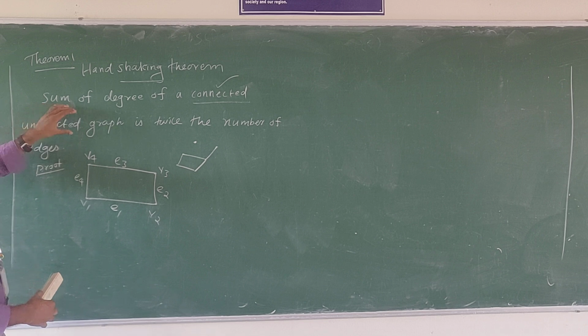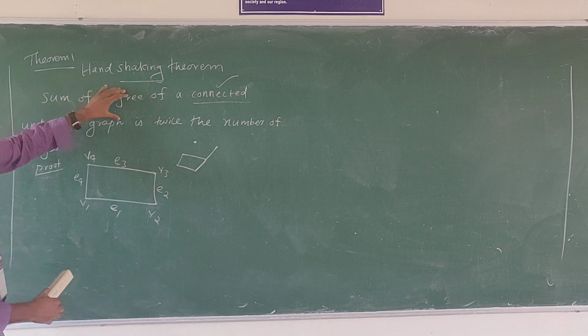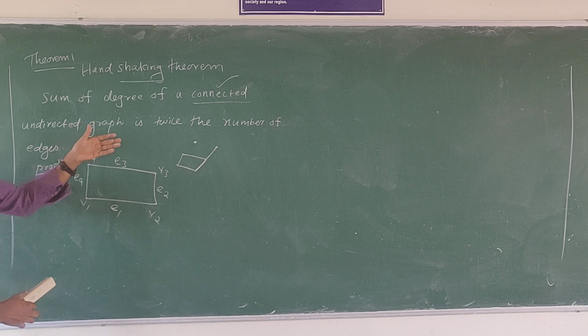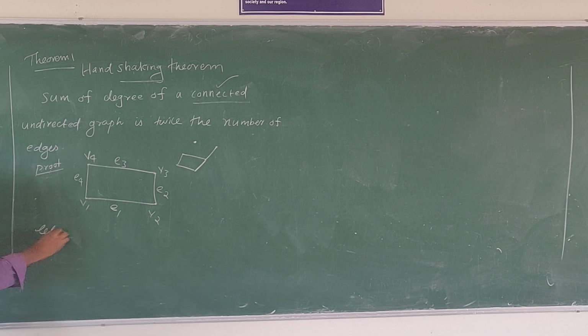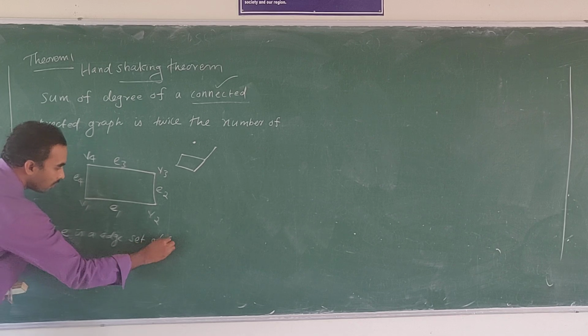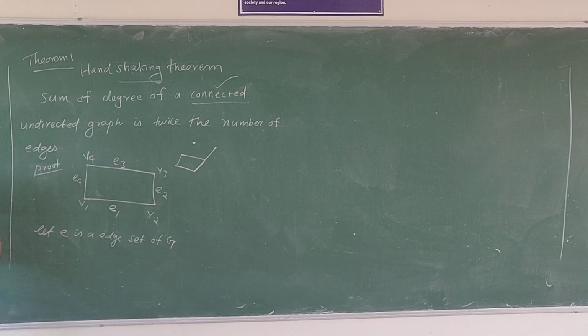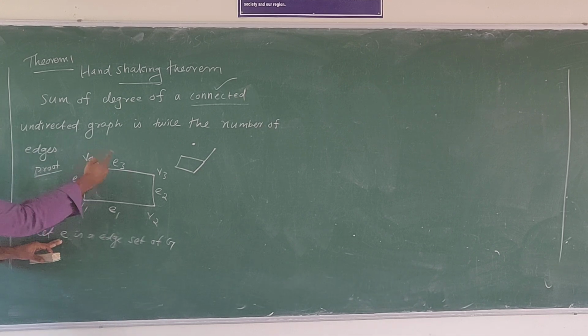The theorem says that the sum of degrees of a connected graph is twice the number of edges. So here we have to take, let E be the edge set of G. Simply, G denotes the graph, E represents the edge set.